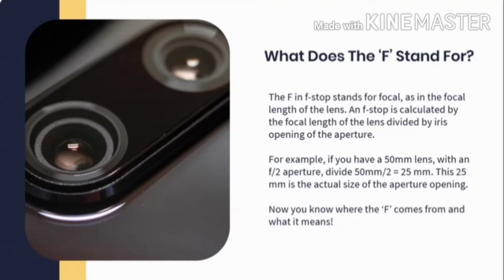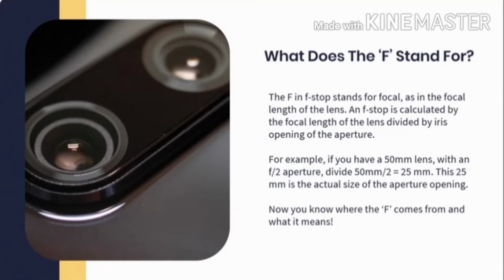The f-stop is calculated by the focal length, by the opening of the aperture compared to that focal length. So, for example, if we had a 50mm lens with an f2 aperture, I divide 2 into 50mm, that gets me 25mm. This means 25mm is actually the size of the aperture opening.